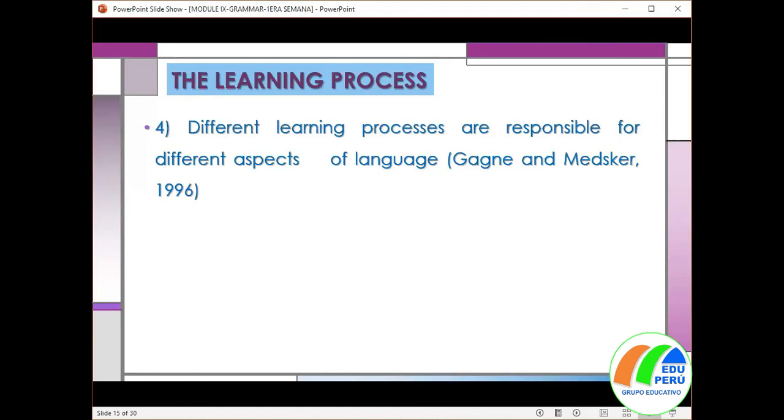If you want to teach one aspect of language, it involves a different process from the other parts of the language. You're not going to use the same process of learning if you want to learn morphology, maybe phonetics or any other aspect of the language. So we have different learning processes because we have different aspects of the language.